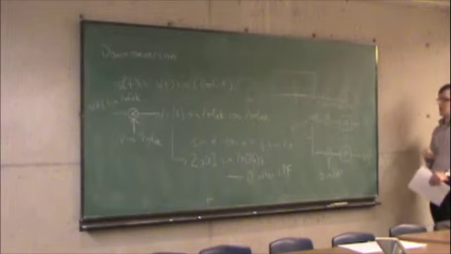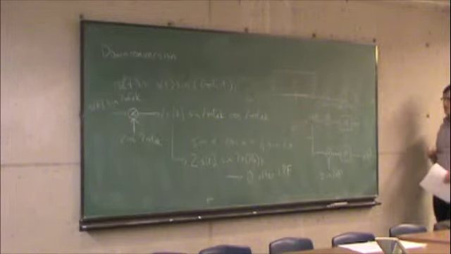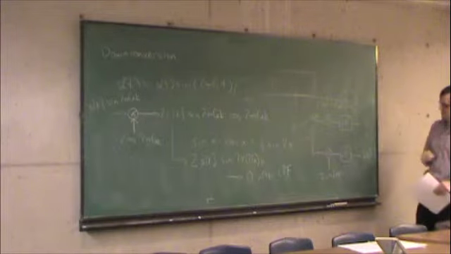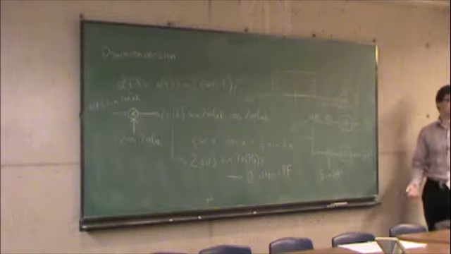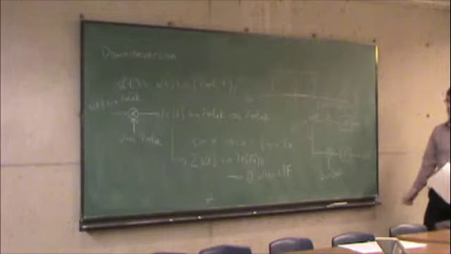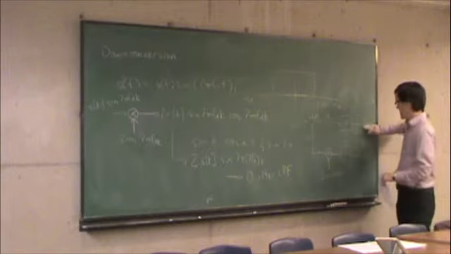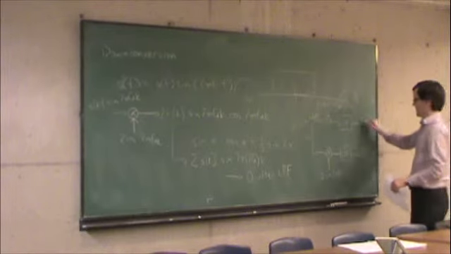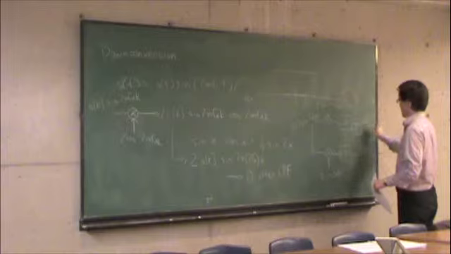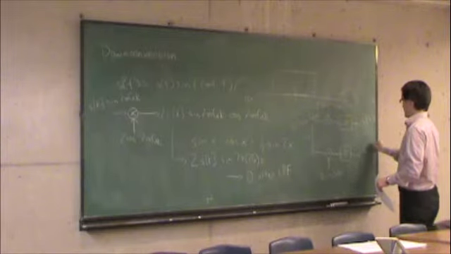So, can anyone suggest a way to send two signals at once? Here's what I'd like. I'd like S1 of k and S2 of k.